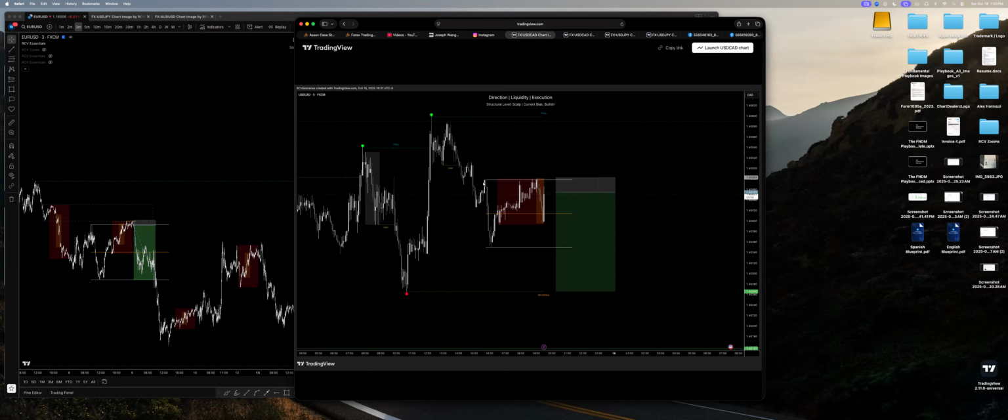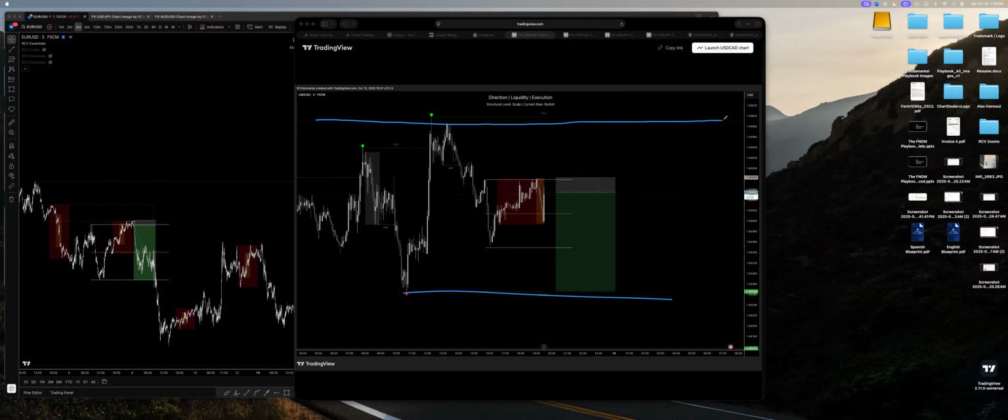And number one, let me pull up these annotations. Number one, USD CAD, very simple, very simple sweep into a structural disruption into the opposing side of liquidity. So if you guys can see here, there is actually an H4 POI, right?